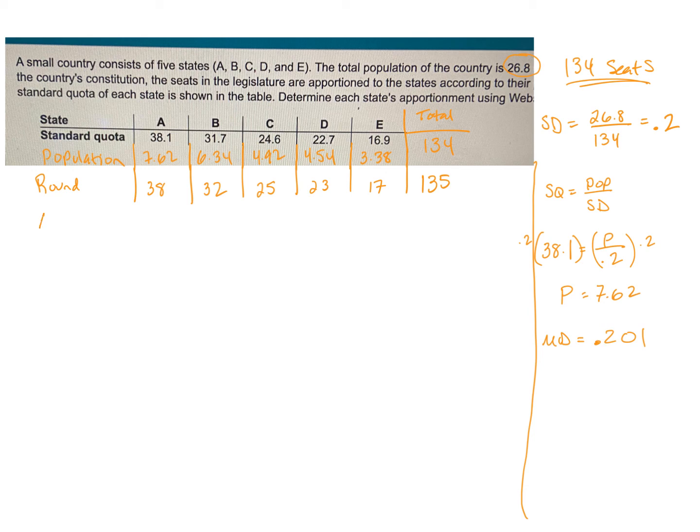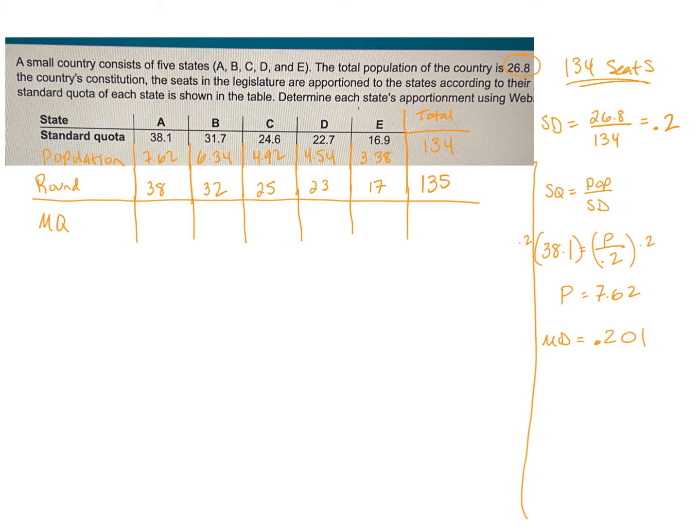So I have to come up with a modified quota, which means I have to take each state's population and divide by the new divisor, which is why I calculated the state's populations earlier.